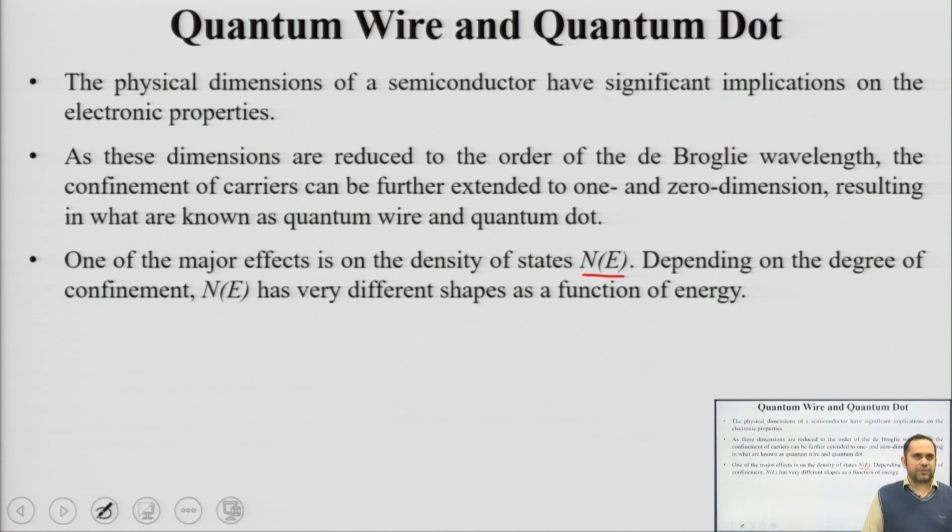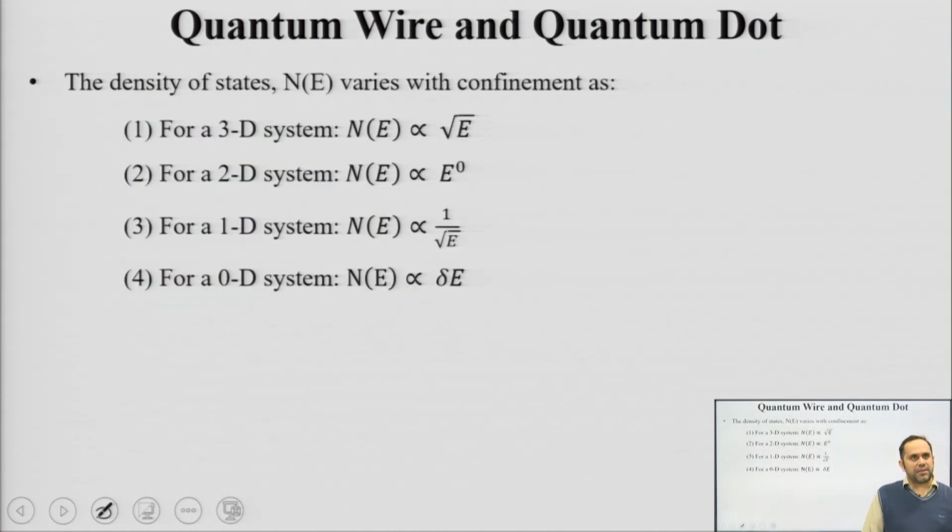Electrons can occupy these energy states, but depending upon the dimensions you can have different values of the density of states. For a 3-dimensional system, we had seen in one of our earlier lectures that the number of states available in a 3-dimensional crystal lattice is proportional to the square root of energy. So, if we go above E c, the number of energy states available tends to increase as you go higher on the energy axis.